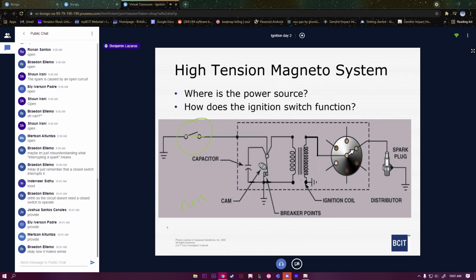If I do that, I have provided an alternate path to ground. Sorry, that's really hard to read in green, but I've provided an alternate path to ground. All right. It's a relatively simple question, but it does seem to get a lot of people.